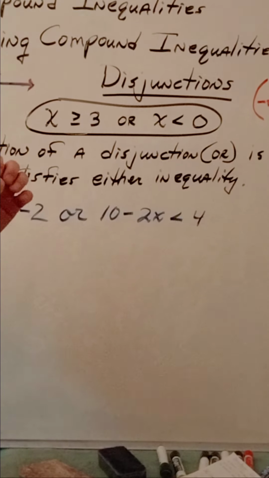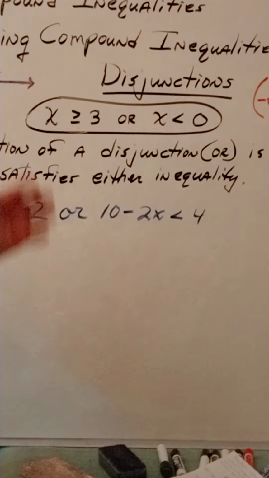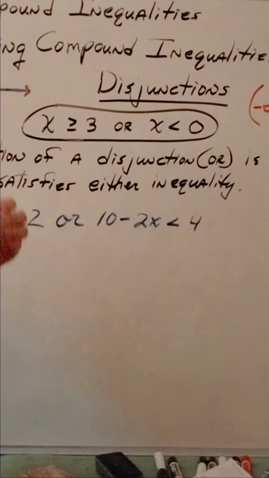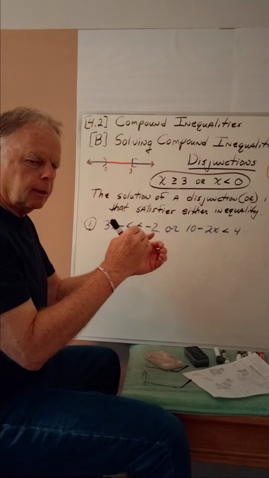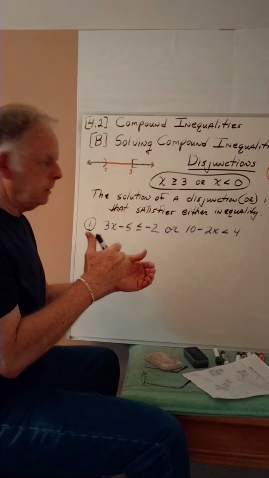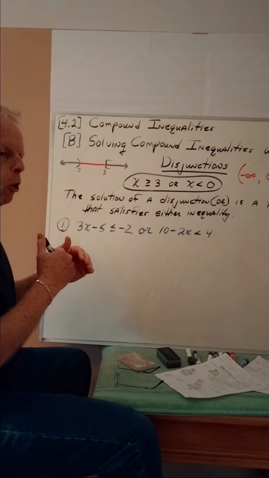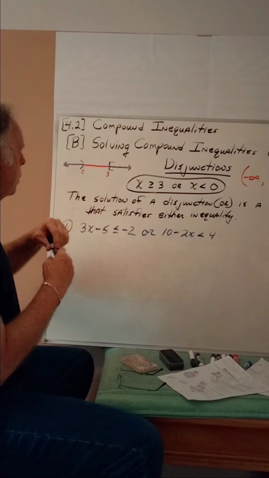We are not interested in common solutions. Common solutions would be a conjunction joined by the word "and." But if it's joined by the word "or," it's called a disjunction.